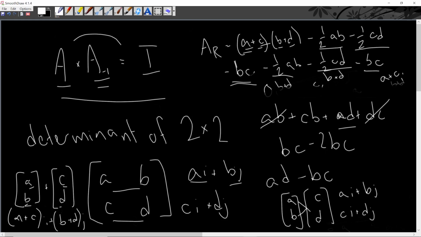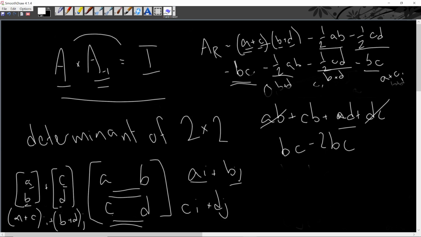So you could write this as A, B, C, D, but most of the time you are going to see it across A, B and C, D. So if you just think of these two rows as two individual vectors, and you try to find the area of the parallelogram created by those two vectors, that's what the determinant is going to be.